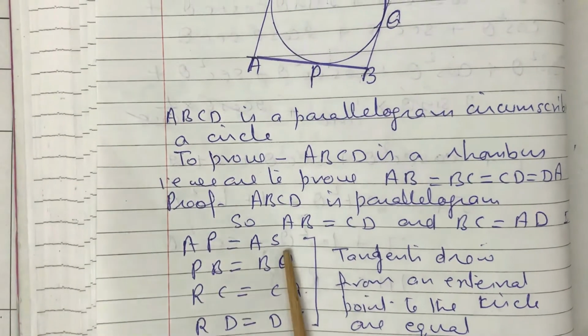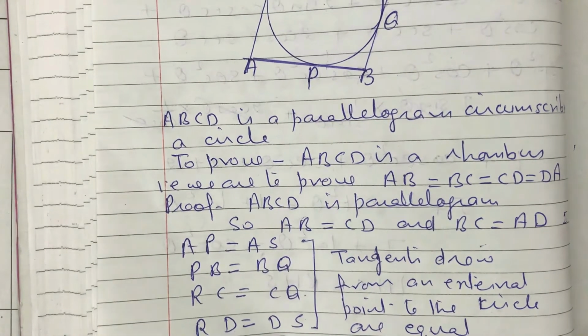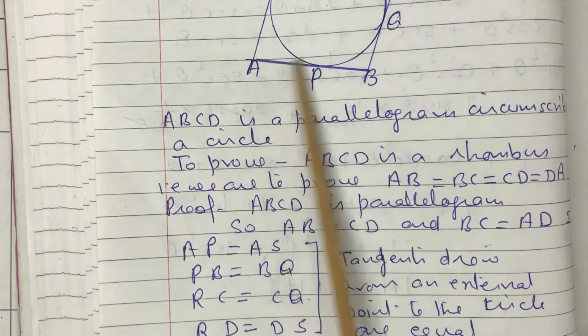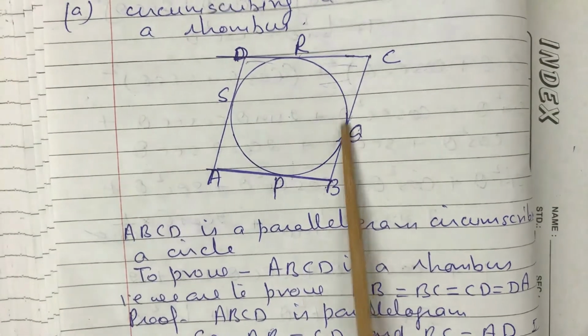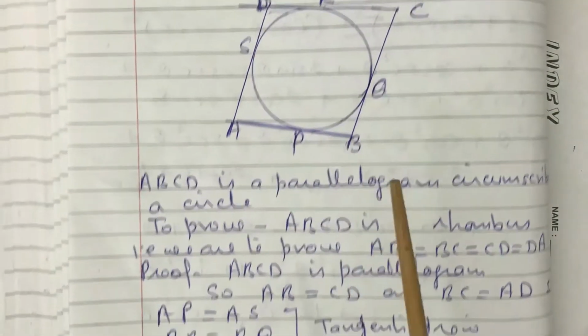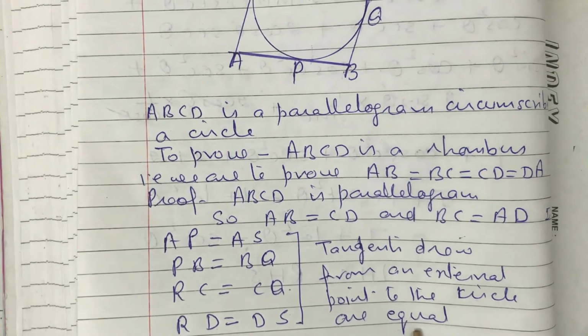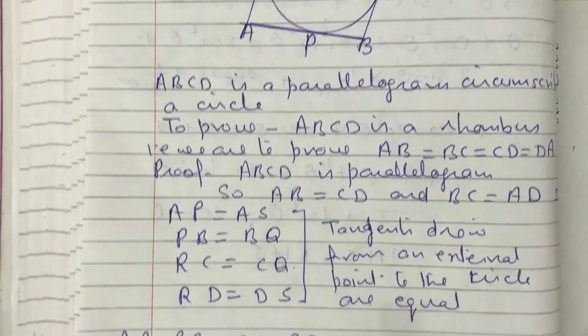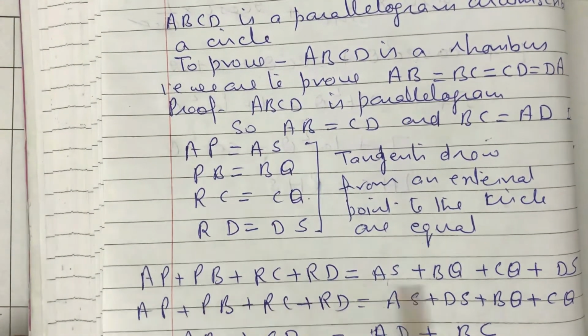Now AP is equal to AS, PB is equal to BQ, RC is equal to CQ, RD is equal to DS. This line is equal to this line, this line is equal to this line. Similarly, this line is equal to this line is equal to this line. Why so? Tangents drawn from an external point to the circle are equal. We know that. And add all this, we will get this.